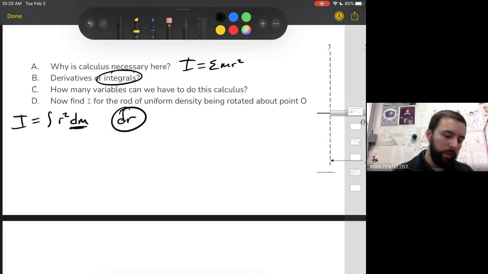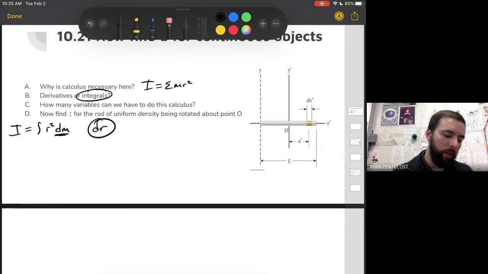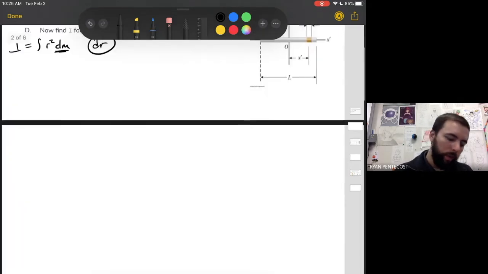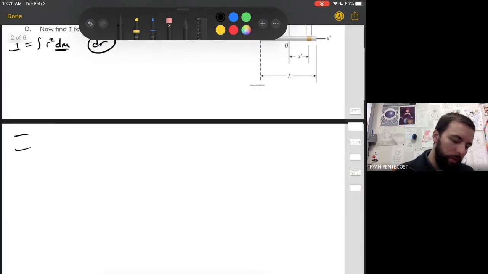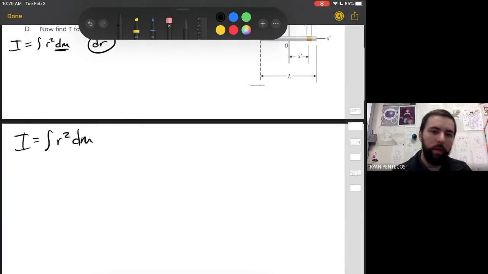So let's look at this rod over here. We have a rod of uniform linear density being rotated about point O. You can see O is, we're going to assume, the center of mass. So if we start with I equals the integral of r squared dm, first we want to talk about the various densities.